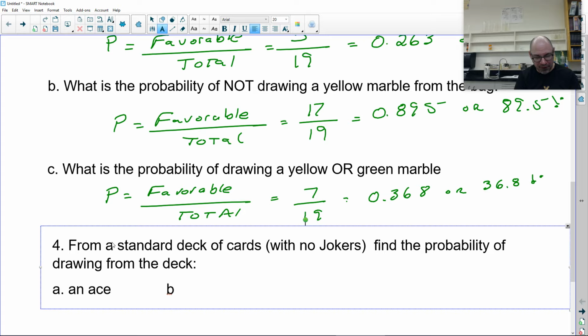So B, a face card. C, throw one in with a heart. Okay. And let's throw a real tricky one in there in our last one.